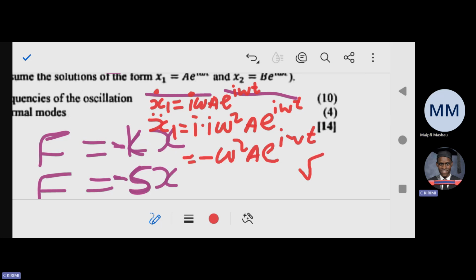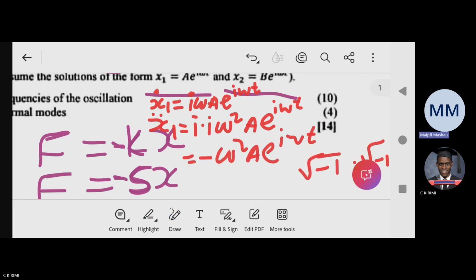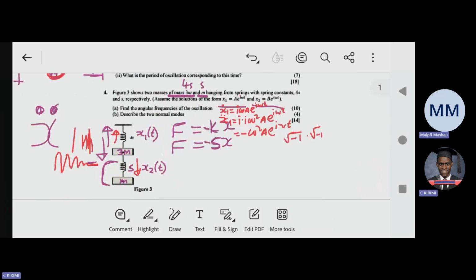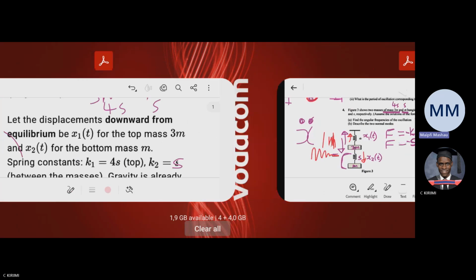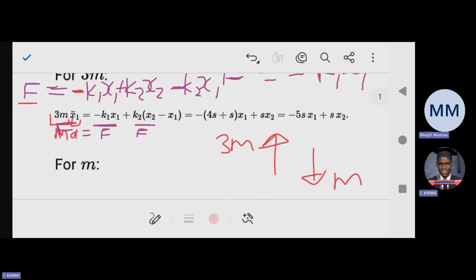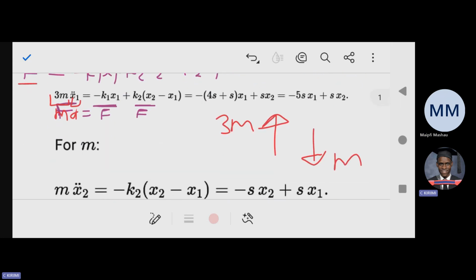I is just the square root of minus 1. I need to practice, because these are concepts in physics which you must get used to.